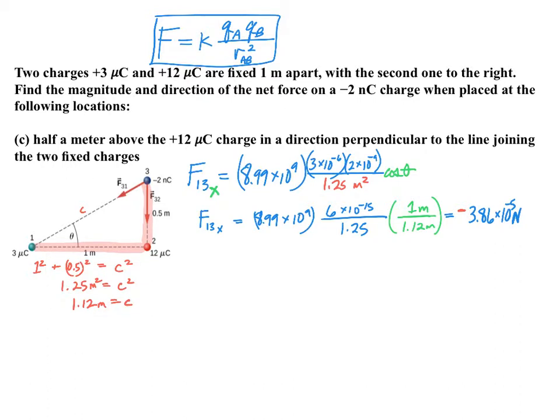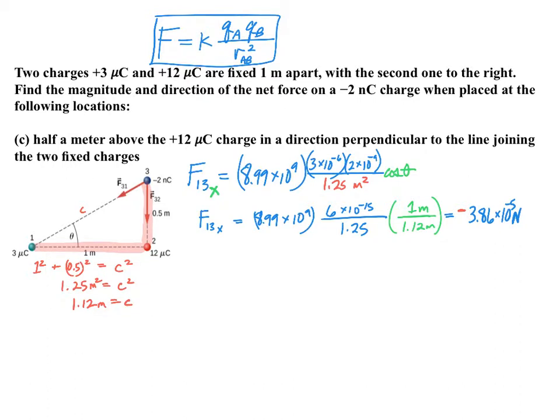Their signs are opposite, which means this is an attractive force. And so the 3 microcoulomb charge, we're paying attention to the force on 1 due to 3 along the x direction. That's what, when you see F sub 1,3 sub x, that's the force on charge 1 due to charge 3 along the x direction. All right?